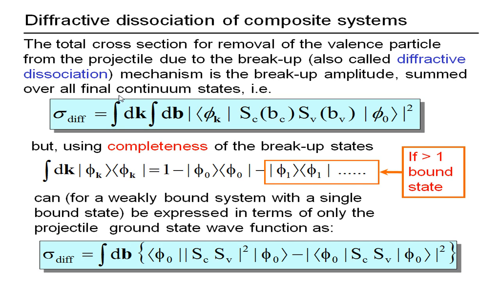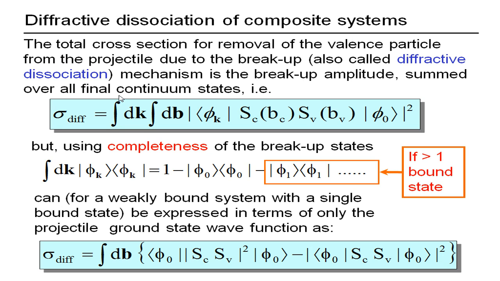Because I have an integral over all final states, I assume people have met completeness relationships in quantum mechanics before. If I sum over the complete set of eigenstates of a Hamiltonian and put their kets and bras back to back like this, then I get 1. Okay? And so I've got a complete set of scattering states. This Hamiltonian will also have some bound states in general.